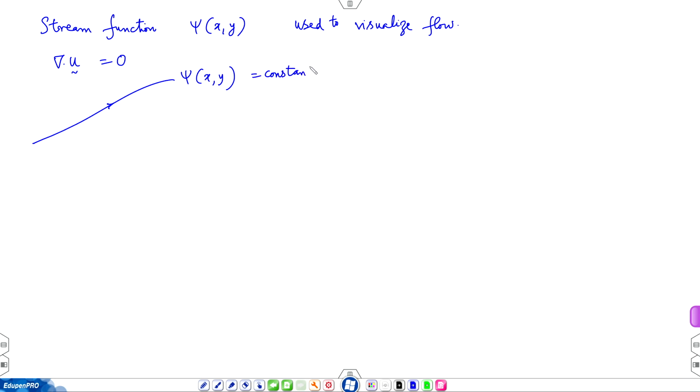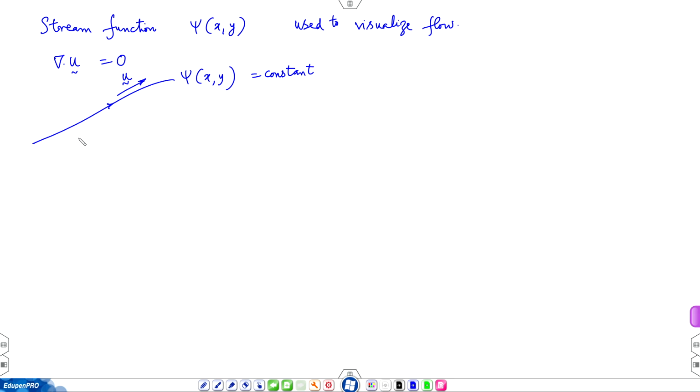On a, what is this symbol? It's psi, psi. On a curve where psi is constant, the velocity vector is everywhere tangential to it. So, this is the velocity vector. Velocity vector is tangential to it.